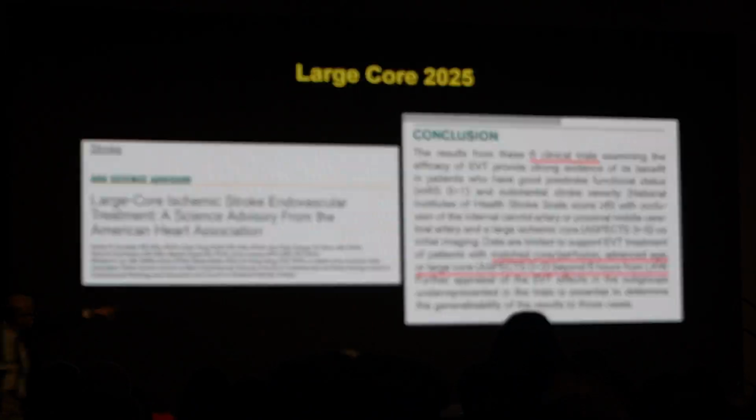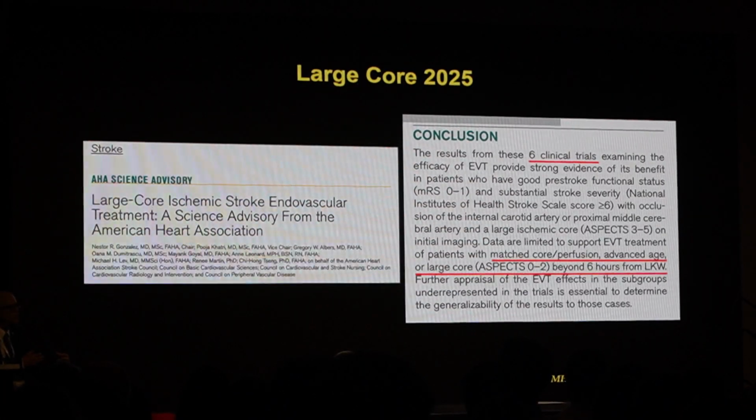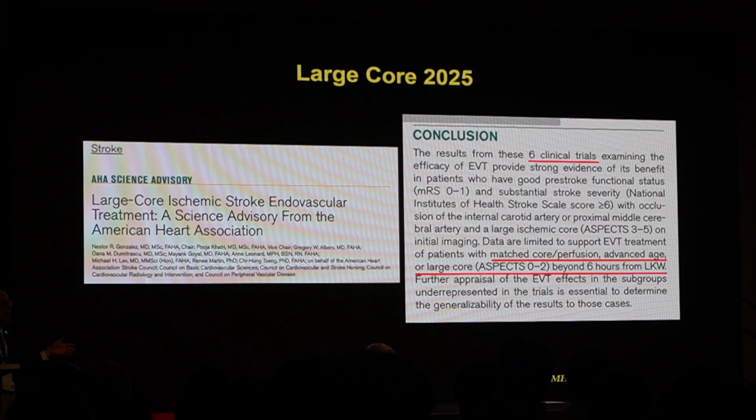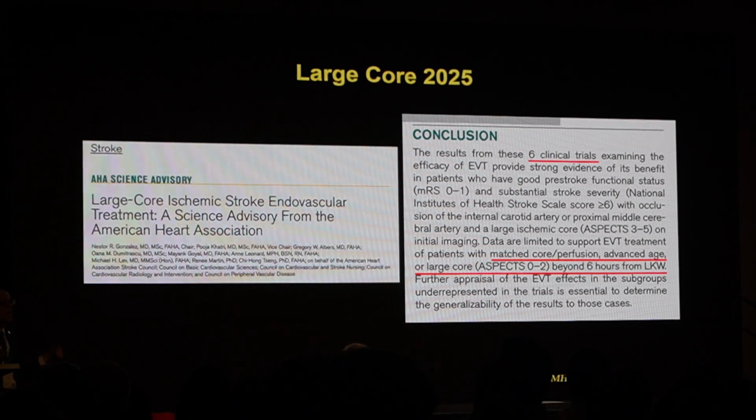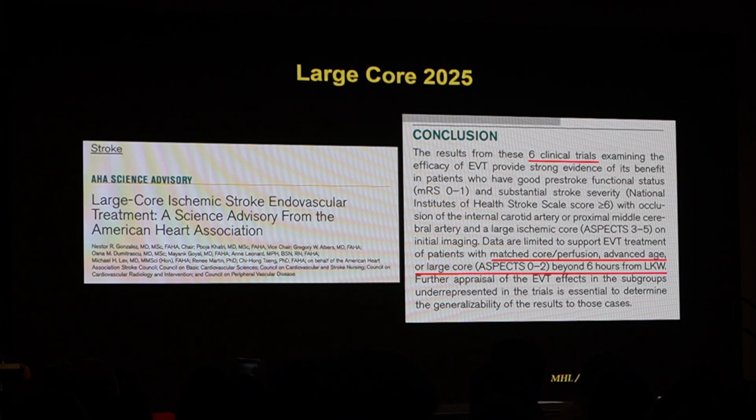And we don't really have enough data down in 0 to 2 or beyond 12 hours, but at least in the first 12 hours, an aspect score down to 3, the benefits of treatment exceed the risk of hemorrhage. And so it's worth treating. And every major society is coming out with those guidelines right now.